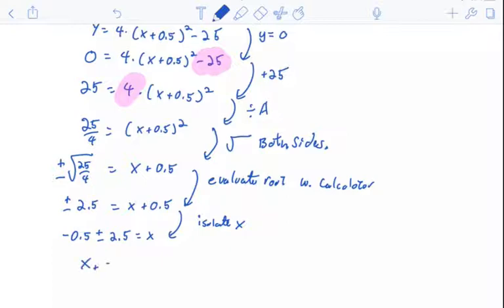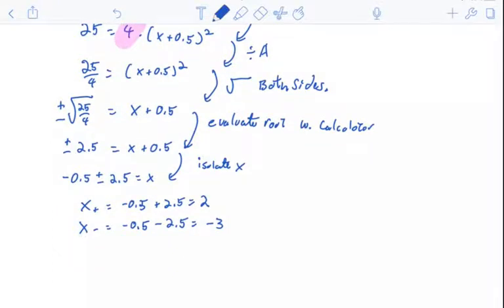There's minus 0.5 plus 2.5, which is equal to 2, and minus 0.5 minus 2.5, which is equal to minus 3. And so the factored form of this is going to be x minus 2, x minus 3. Or alternatively put, x minus 2, x plus 3.